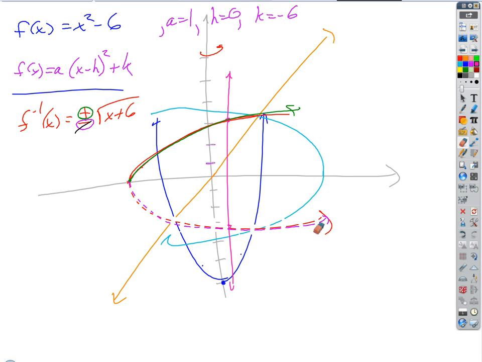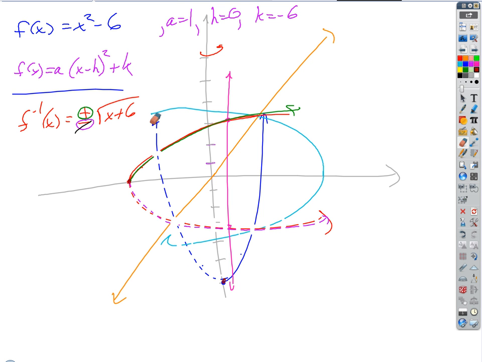Right, because the vertex of the sideways parabola is right there. So here's the vertex of the sideways one, and there's the vertex of the vertical one. The right part is the one that's going to reflect over and make the top of the sideways one. And so we have to go back and erase part of that one also. This one has to get erased.